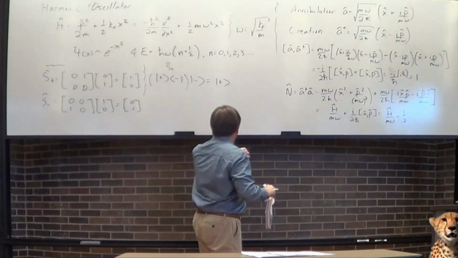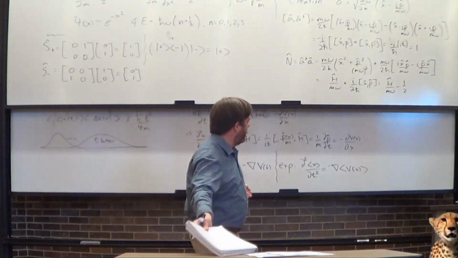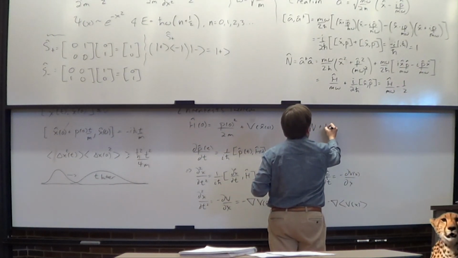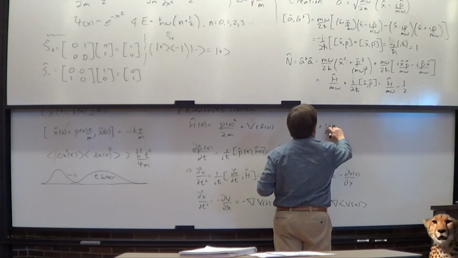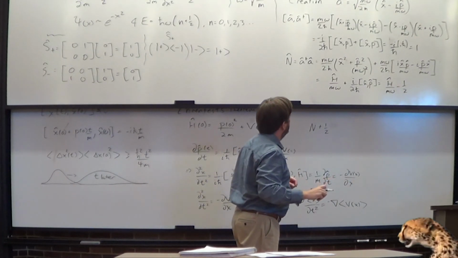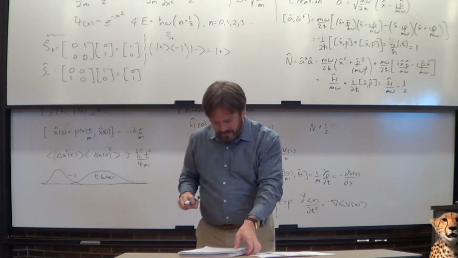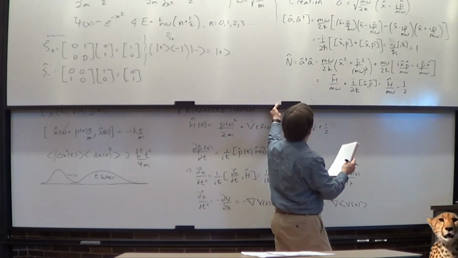Okay. And I know I'm out of time, but I'm done. Let me show you why that matters. Okay, I got N plus 1/2, wait a minute. No, it's not.